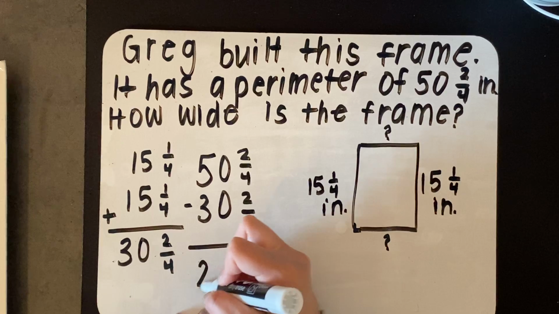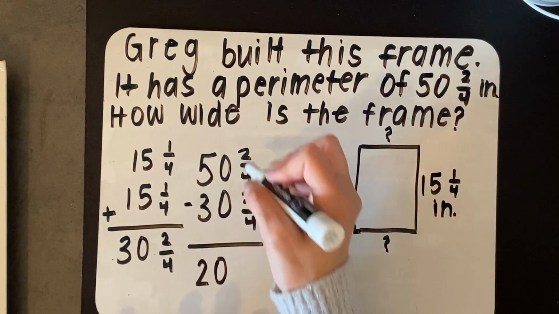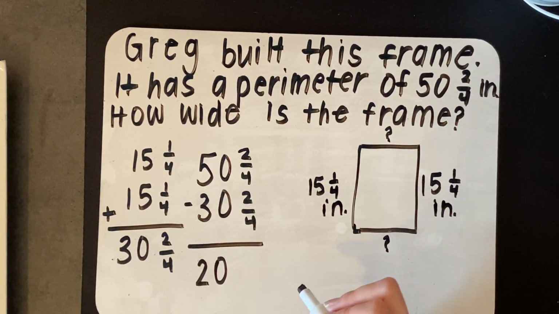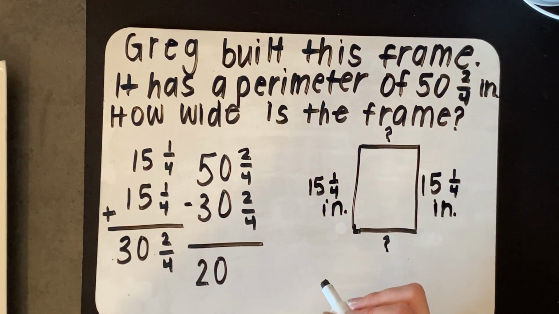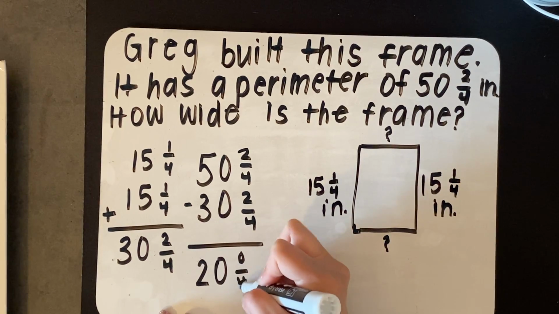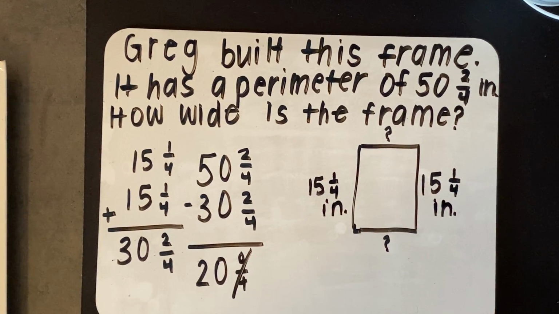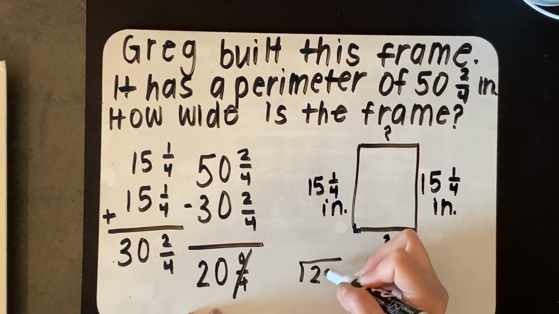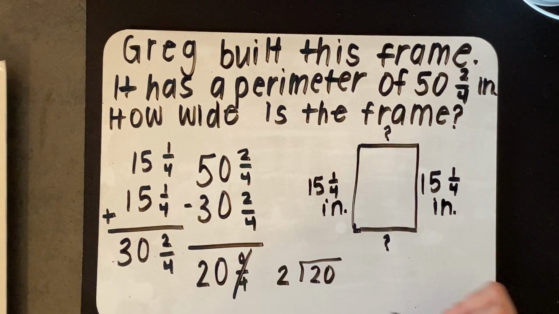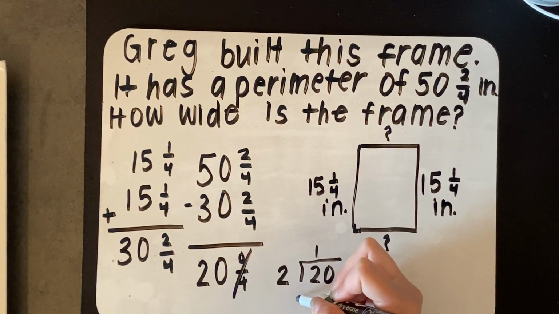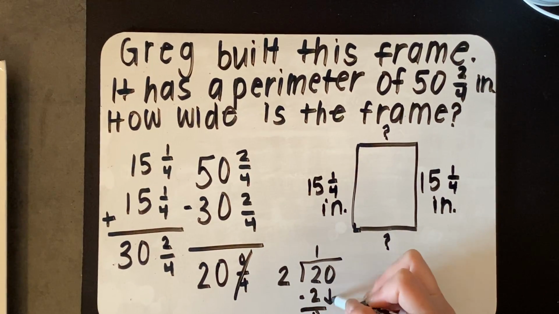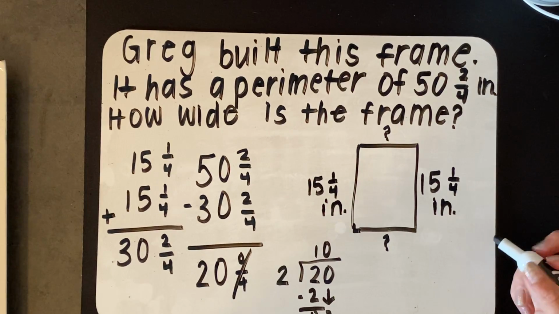So 50 minus 30, we can do mental math, that would be 20. 2/4 minus 2/4 would give us 0/4. We would take them away, there would be no fourths left. So our answer here is just 20. We have 20 inches left, and we have two sides to split them with. So I need to split 20 evenly into two groups, which I know uses division. 20 divided by 2 equals 10.